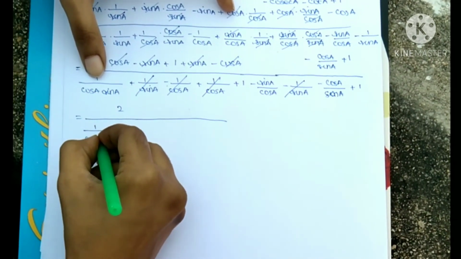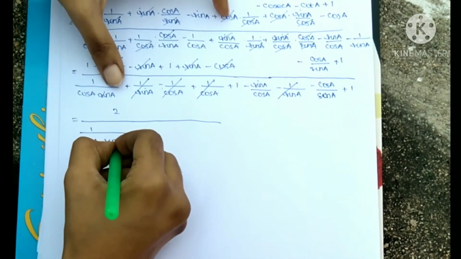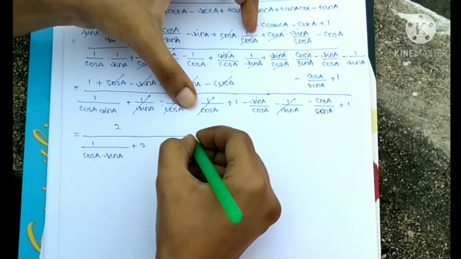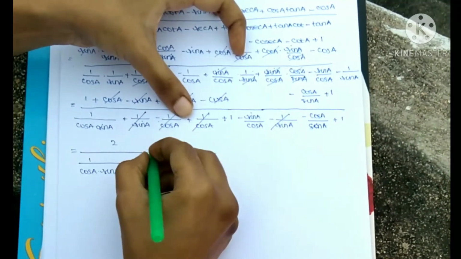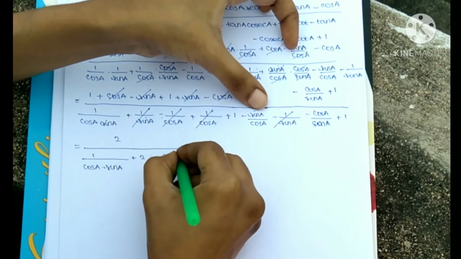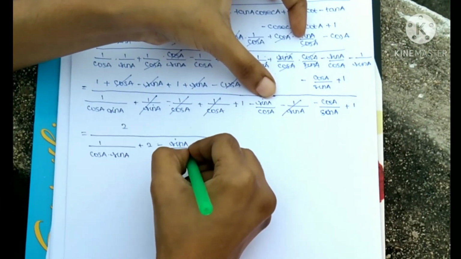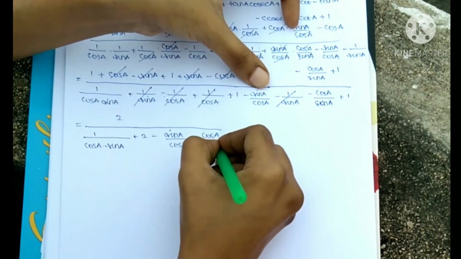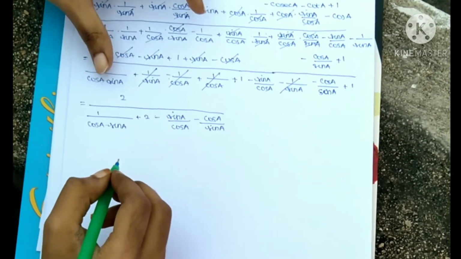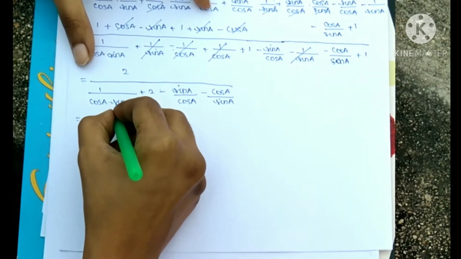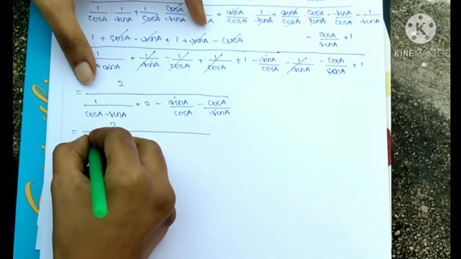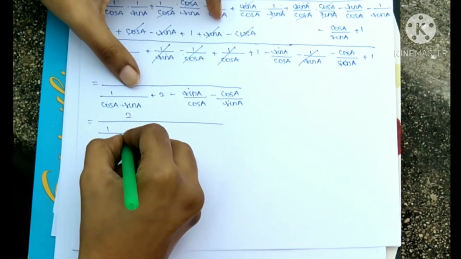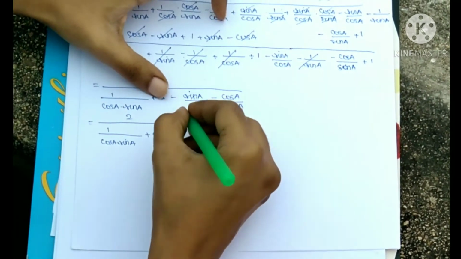Here remaining 1 divided by cos A into sin A. Plus 1, meaning plus 2, and minus sin A term divided by cos A minus cos A divided by sin A term. Okay. Our numerator 2 remains same. 1 divided by cos A into sin A plus 2 remains same.